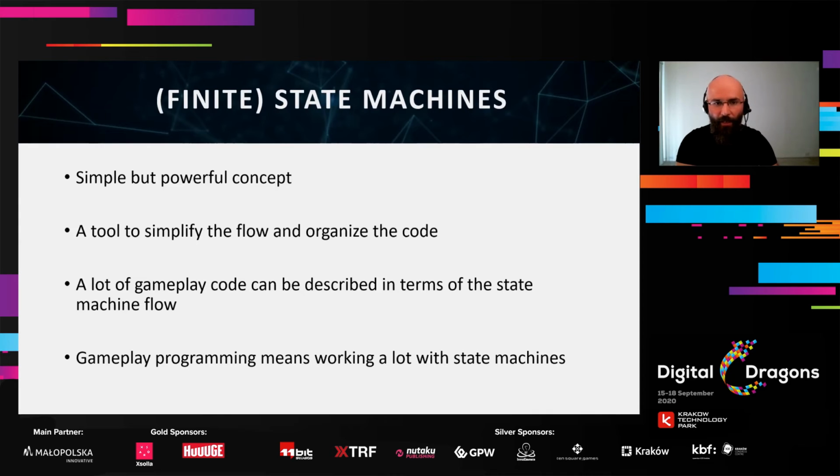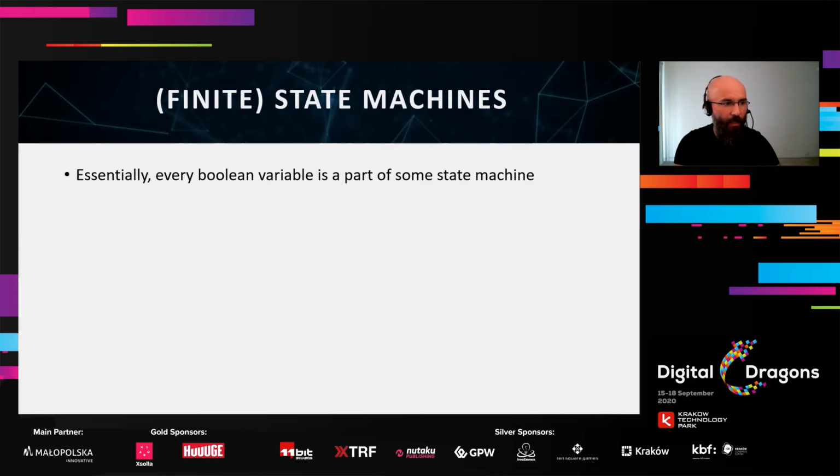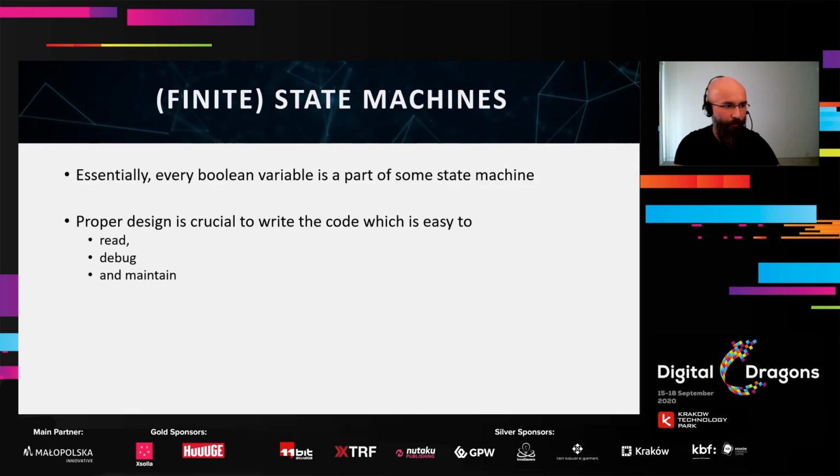And being a gameplay programmer, or working with gameplay, means really working a lot with state machines. So this is a very important concept. Basically, every Boolean variable is a part of some state machine, even if it is not expressed directly.